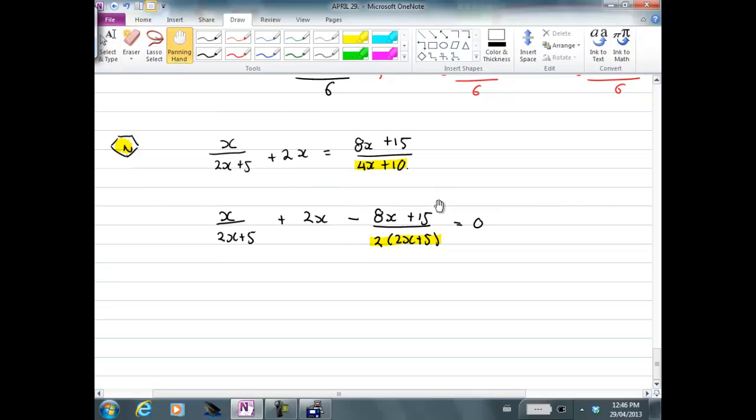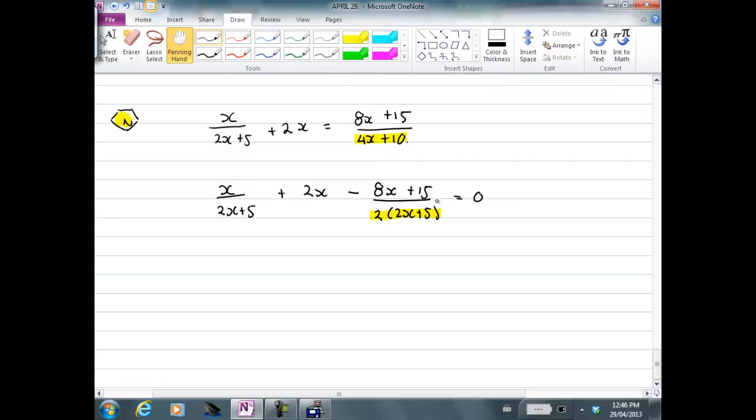Okay. So now I'm going to make everything the same LCD. So my LCD is 2 times 2x plus 5. I'm going to multiply this by 2, because I want to make sure it has the same denominator.